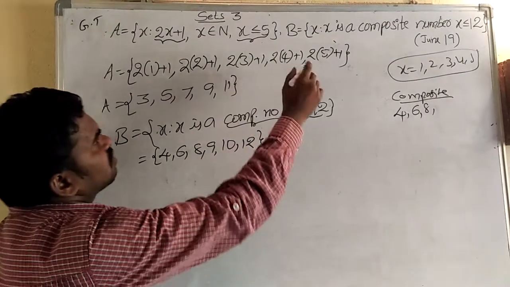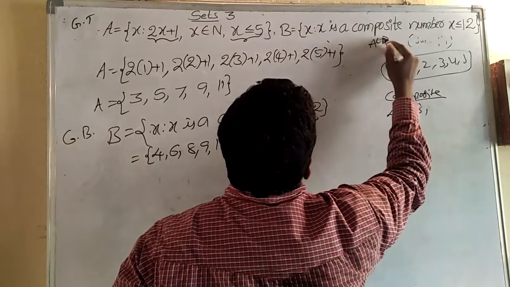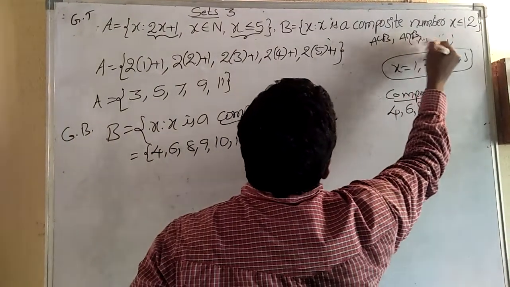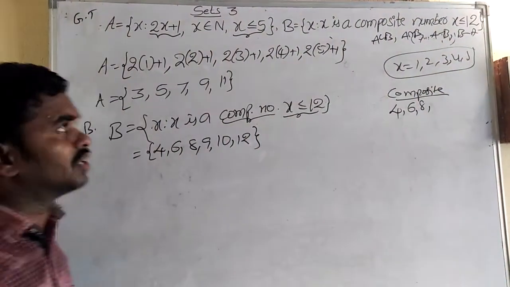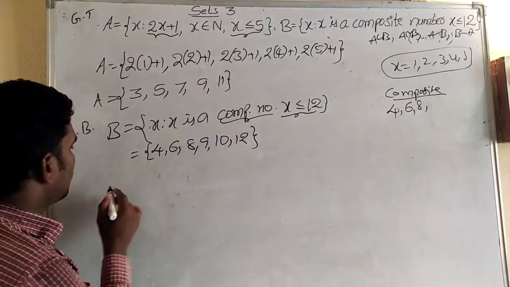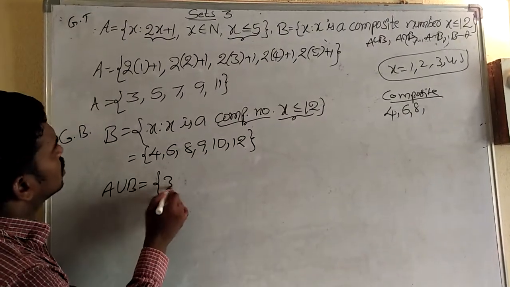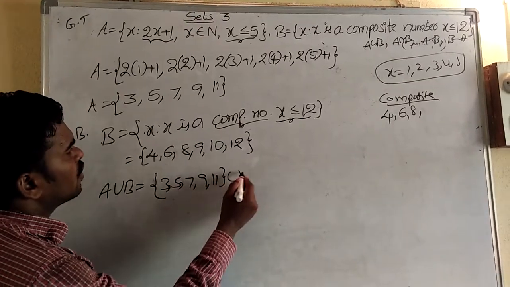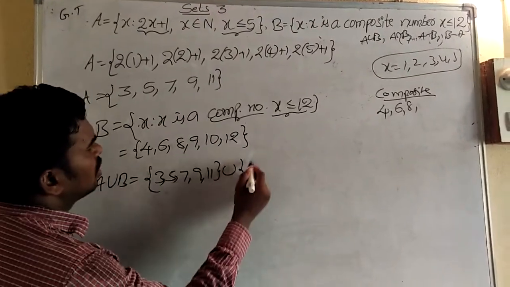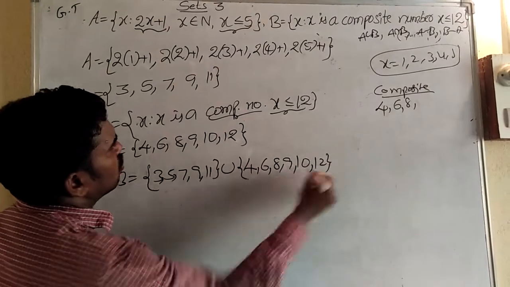Now find it. What is the question? We have to find A union B, A intersection B, A minus B, B minus A. These are mentioned in the question, that's why I have written them again. First of all, I am finding A union B. A means 3, 5, 7, 9, 11. Next, union B. B means 4, 6, 8, 9, 10, 12.